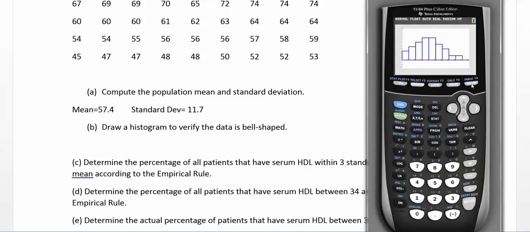When we switch it, we get 10 rectangles, and it has a little more of a symmetrical look. The other one seemed to be a little skewed, but mostly it was symmetrical. Anyway, you can hit trace, and it will give you the numbers for the rectangles, as far as how many observations there are and what the bounds of the bottom part of the rectangle are.